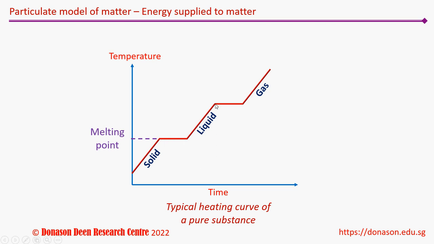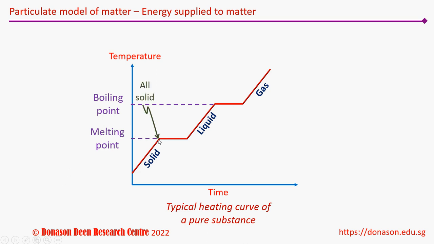The temperature at which the liquid changes into vapor or gas is what we call the boiling point, or you can call it the vaporization point. These are the two temperatures indicated by the typical heating curve of a pure substance.